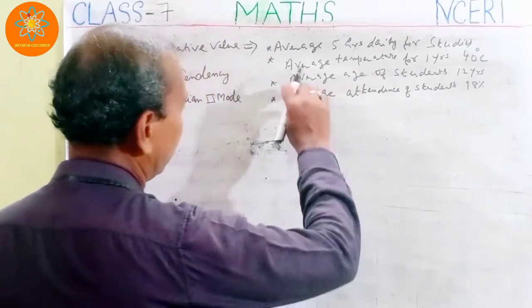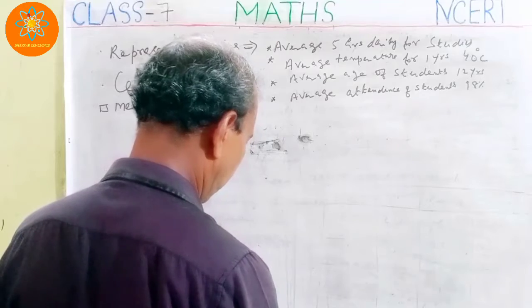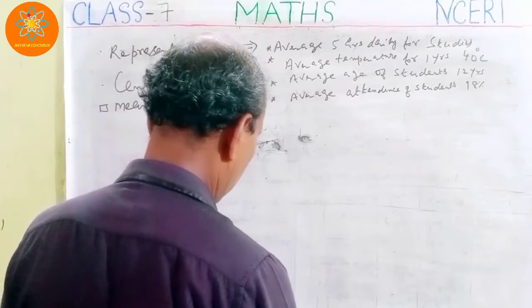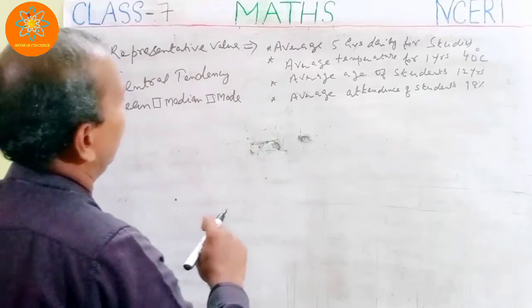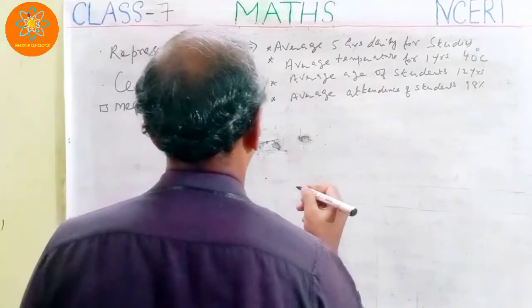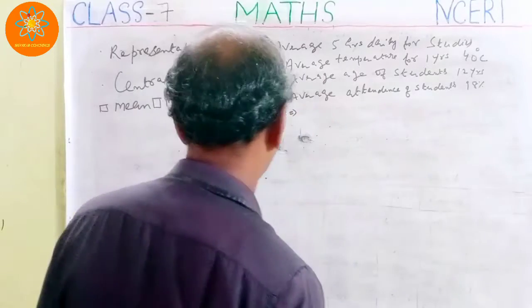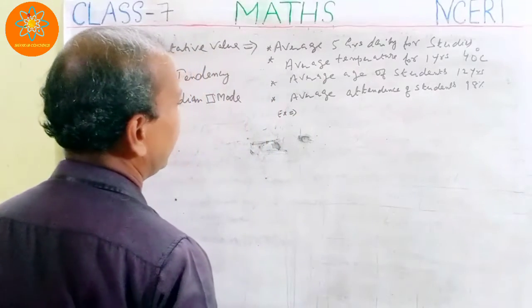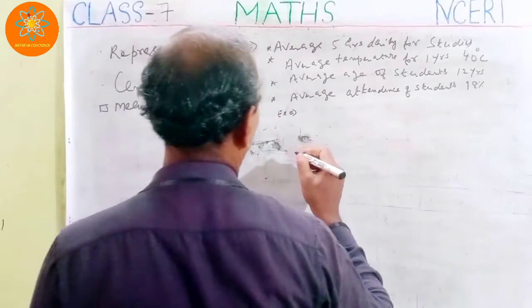So this is the common representative value. In the representative value, I am taking one example. Let's suppose two vessels are there.